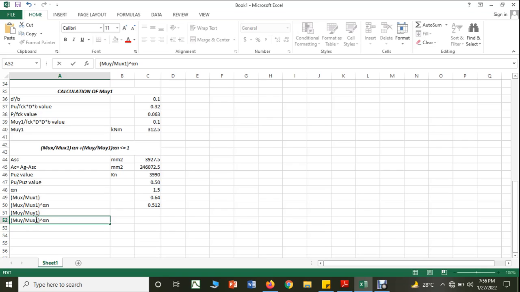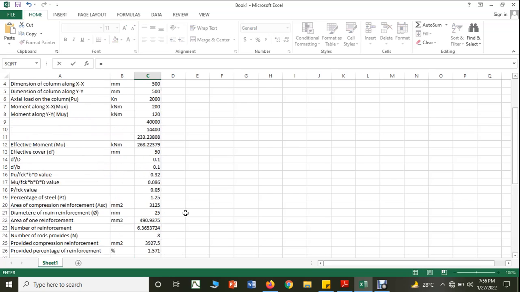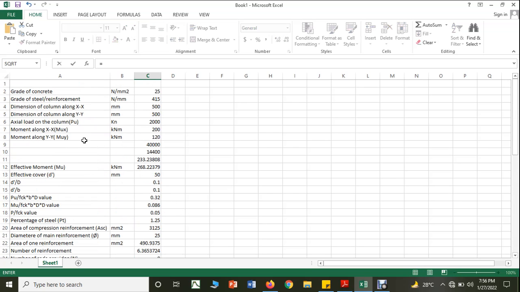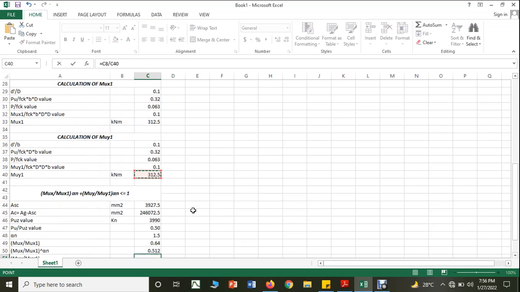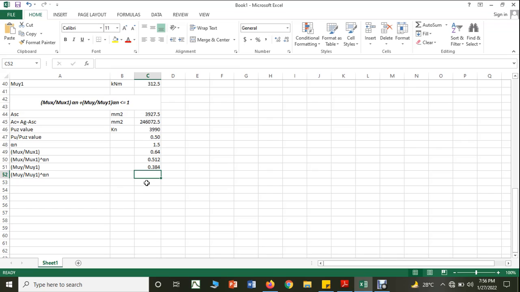What is your Muy by Muy1 value? Muy by Muy1 is this divided by Muy1, so that will give you this. Therefore this to the power 1.5 will give you this value.